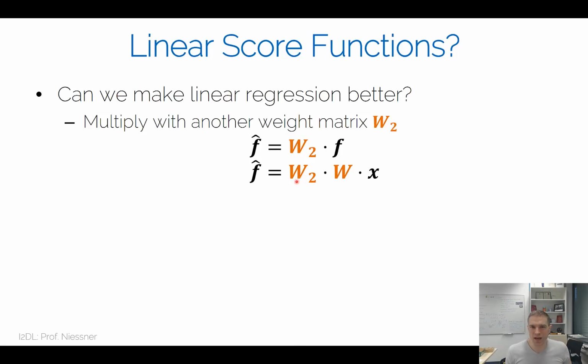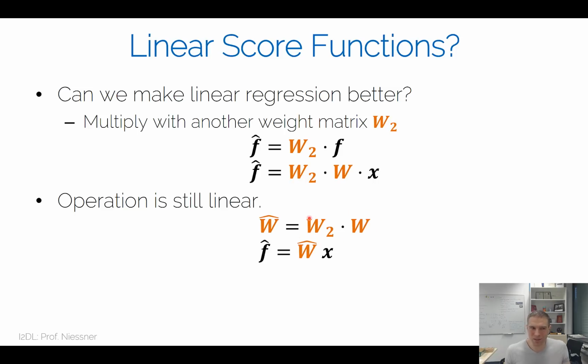But the little problem that you're going to have here is that these two matrices, if we're multiplying them together, it's still a linear problem, because I can still go ahead and multiply these two matrices. Now I have W times W2, I'm going to get W hat here, and I have still one matrix that is multiplied with X. And this is the core problem why you cannot simply stack two linear models together, because if you stack them together, they're still going to be linear.